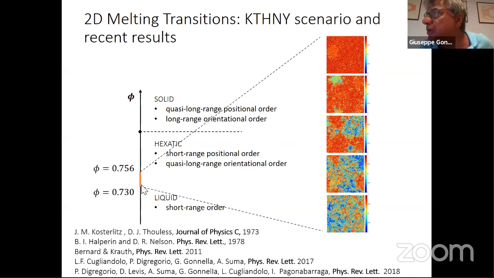So instead of 2 Kosterlitz-Thouless transitions due to the unbinding of different kinds of defects, you have 1 Kosterlitz-Thouless and 1 first order transition. There is a lot of physics here, and on this column you see the plot of the hexatic order parameter, which corresponds to the density at the 2 limiting points of coexistence. And you go from the hexatic on the top to liquid in the last picture.